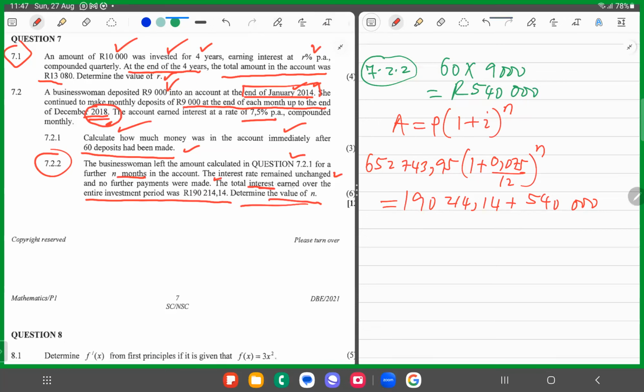The interest rate remained unchanged and no further payments were made. The total interest earned over the entire investment period was exactly 190,214.14. So the interest is added to the payments that were made.